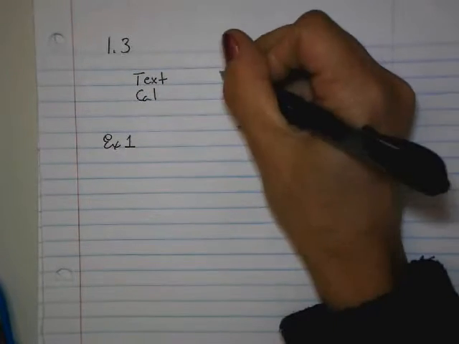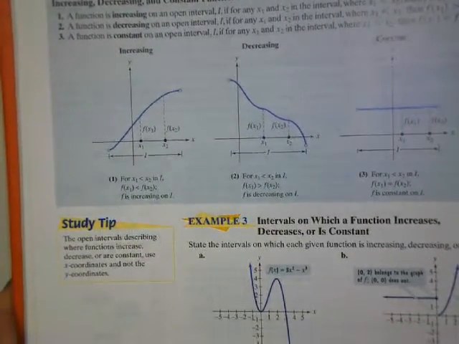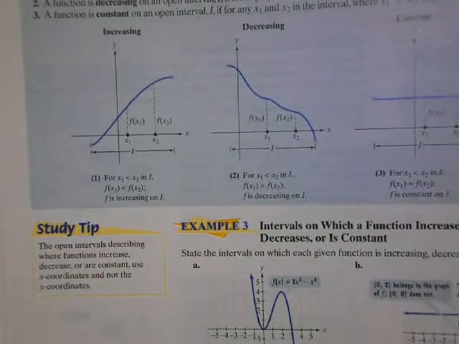So if you have your book handy, turn to section 1.3 and look on page 158. Okay, and we can just real quick talk about these. I apologize if there's a slight glare on my book.